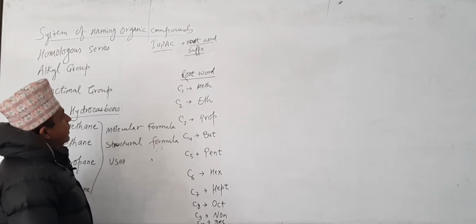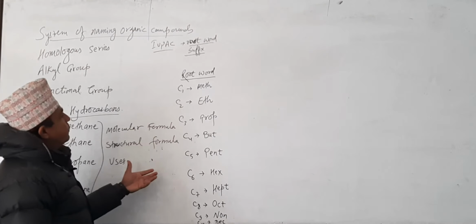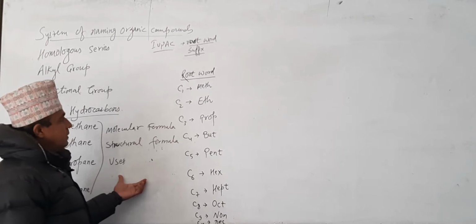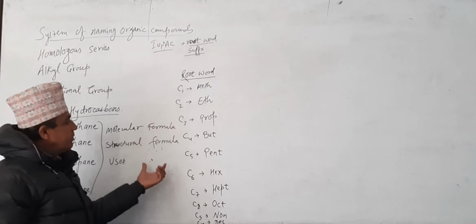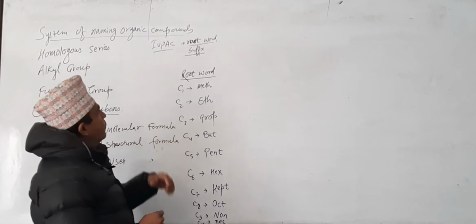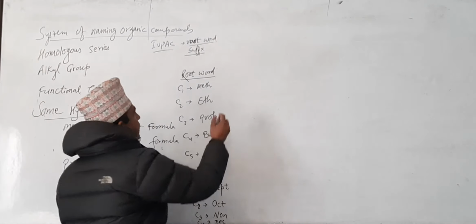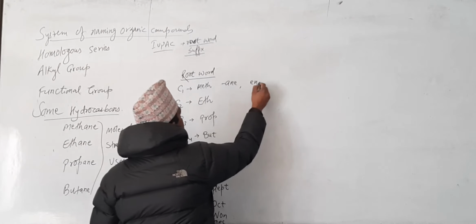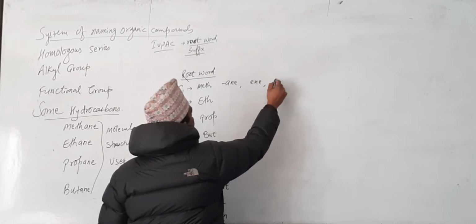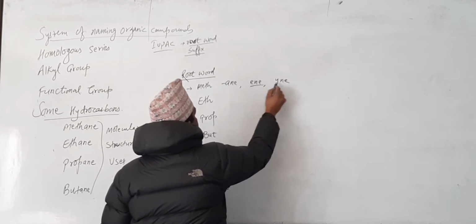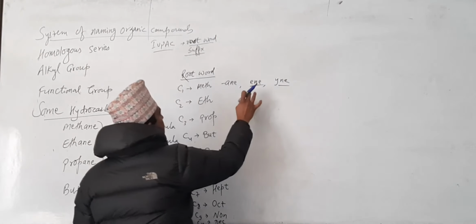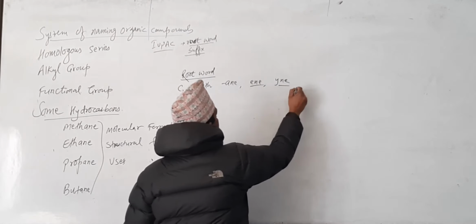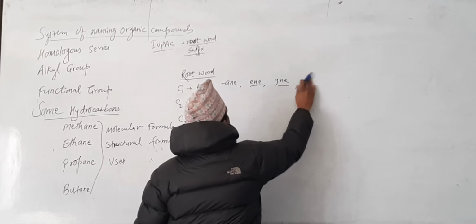Now, what type of hydrocarbon is that, or what type of derivative is that? Accordingly, there will be a suffix. There may be ane, there may be ene, there may be yne, or later on it will come alcohol.